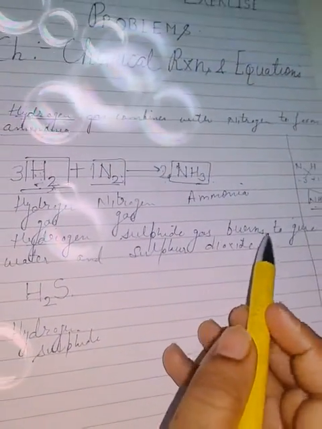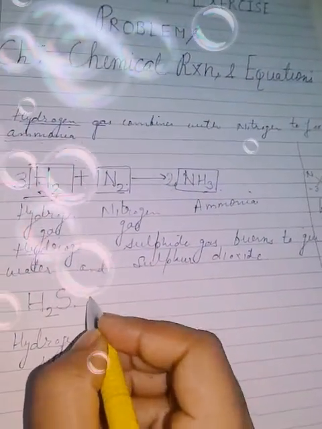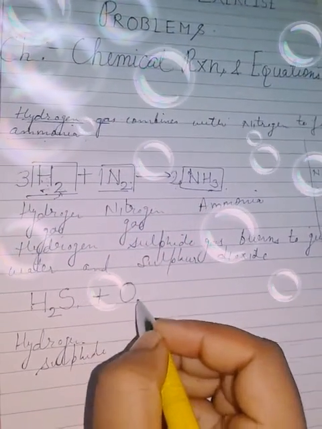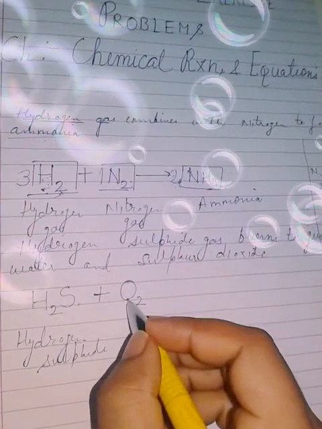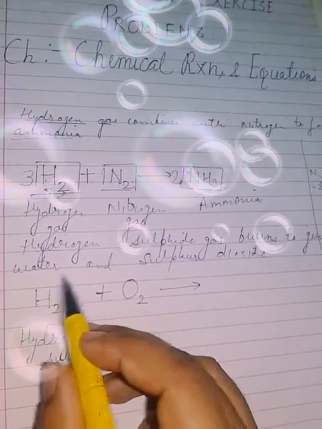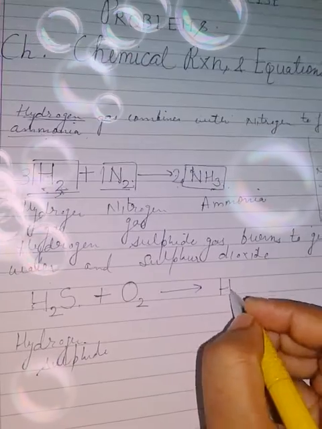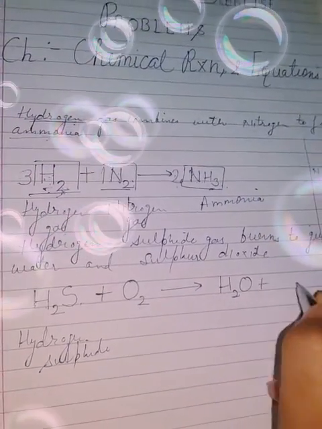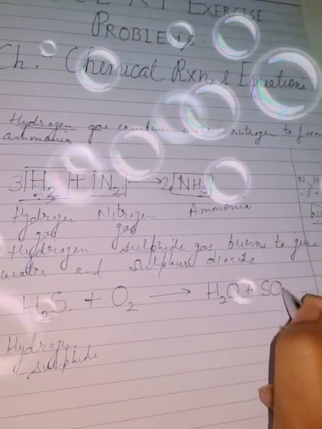Now burns means, as we know, for burning we require oxygen. Oxygen formula is O2, it is a diatomic gas. Burns to give water, as you know very well, H2O, and sulfur dioxide, that is SO2.